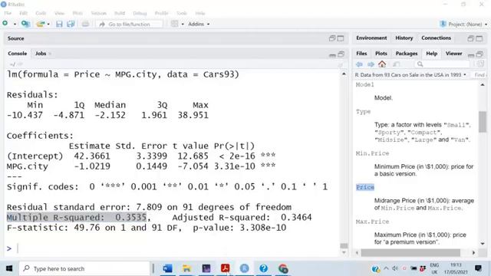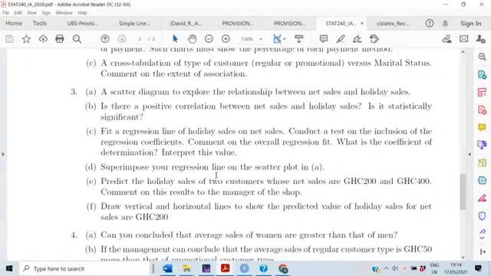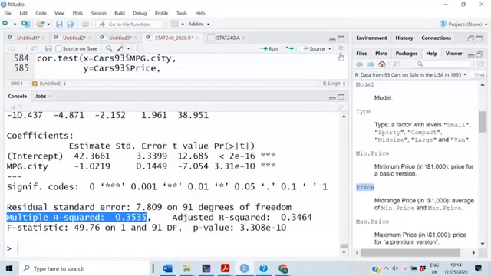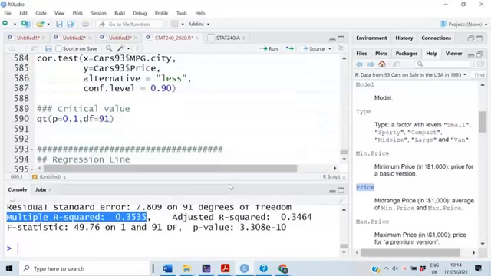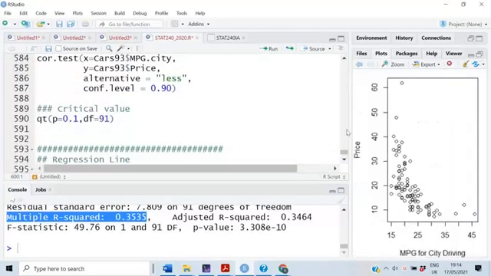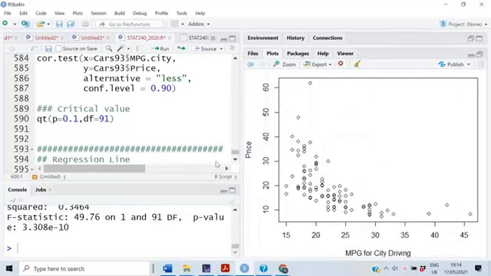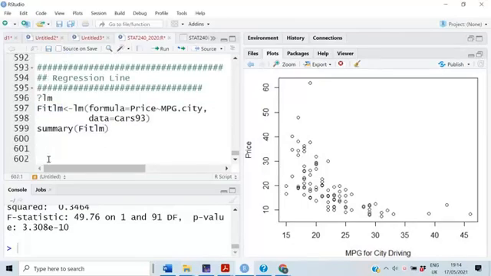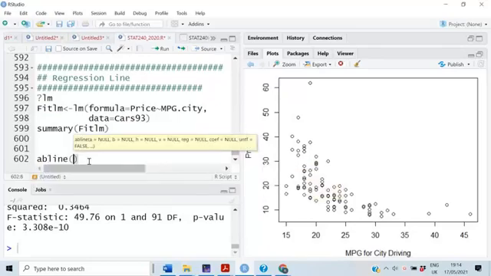What else do you want to do in the question? Let me see. Superimpose the regression line. Quite easy. So we have fitted our regression line. If I want to superimpose it, I must make sure that my graph is there like this. So if I have fitted the regression model with lm, I can use abline, which draws a line, and just pass it this one.